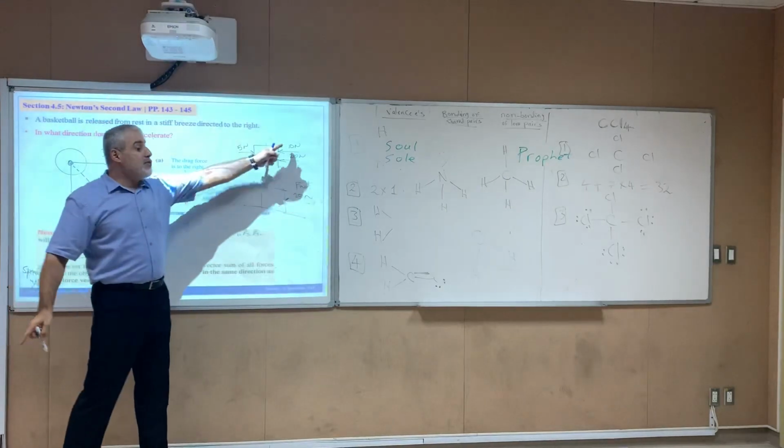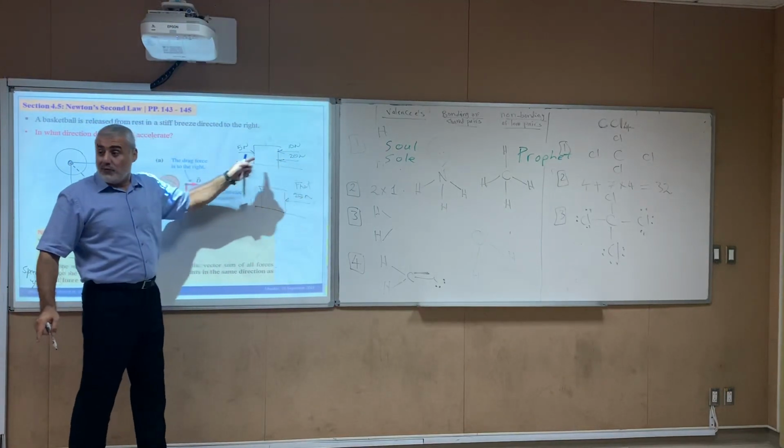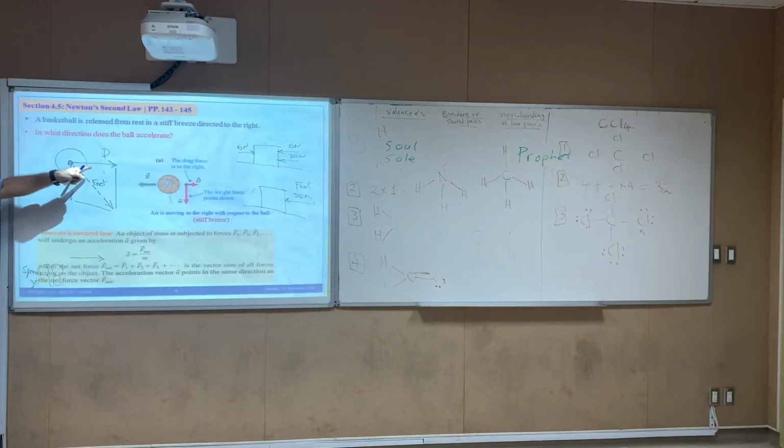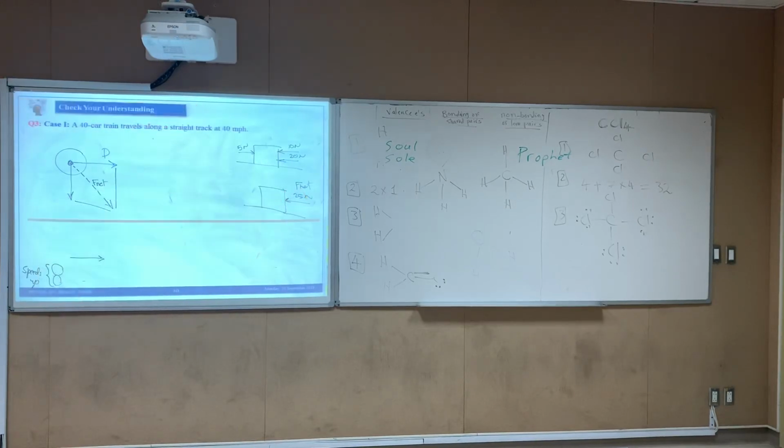Instead of writing 3 forces, 2 positive and 1 negative, you can write 1. Instead of writing the drag force and weight, you can write F net. That's much easier for us. This we call the net force. Okay, let's go to the questions. These are the last 2 questions we need to answer.